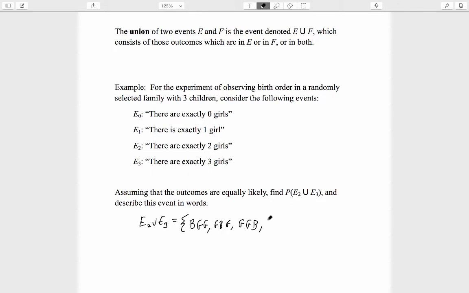What about E3? E3 contains only GGG. We've taken all of E2 together with all of E3 and then just merged them into one list. Since we're assuming that the outcomes are equally likely, and there are 8 ways that the experiment could possibly turn out, the probability of this event equals 4/8, or 1/2, or 0.5.